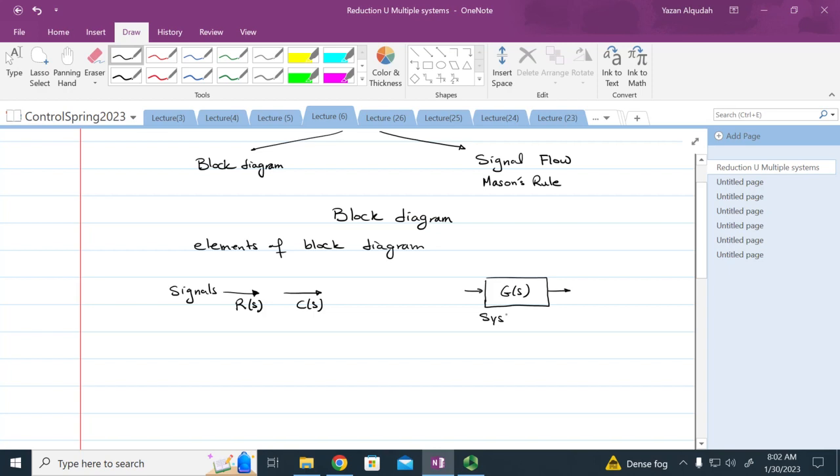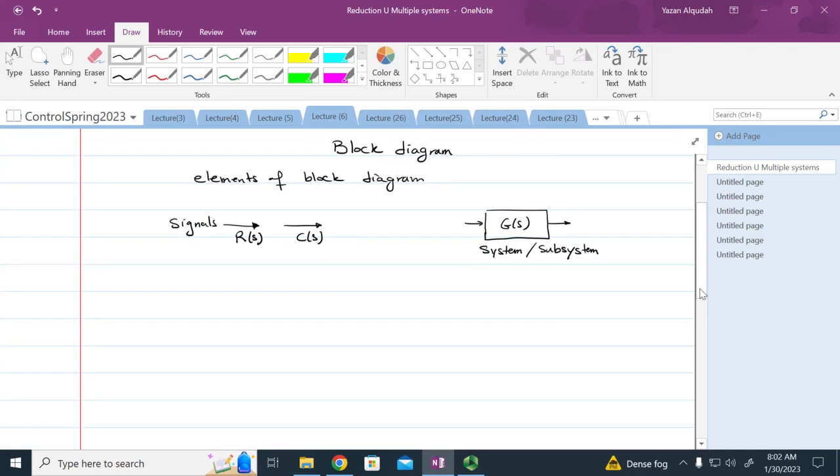So this is a system / subsystem. Another element is a pickoff point. And we could have a signal out of S where we can pick multiple branches from it. So this will be out of S, out of S, out of S.